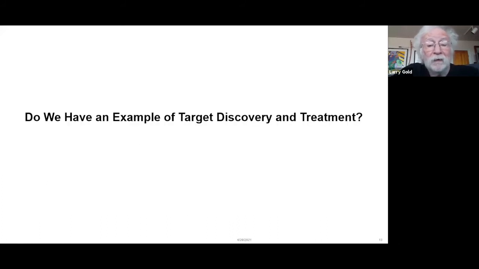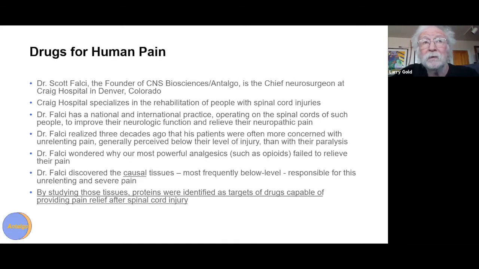So do we have any examples where the target discovery and treatment kind of get your juices flowing? And we do. This is all unpublished, except for the paper that I'll show you. So this is about human pain. It's a collaboration with a guy named Scott Fauci, who by coincidence is a scientist in Denver at Craig Hospital.